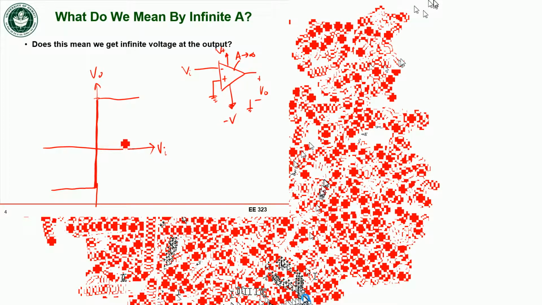So the maximum voltage I can get at the output is the same as that positive voltage, and the minimum, sorry, this is V negative, the minimum voltage I should get is whatever that negative voltage is. It does mean that this transfer characteristic is completely vertical though. As soon as I have any infinitesimally small input voltage, I'm automatically going to go to the maximum output voltage of my amplifier. That's what the infinite open loop gain means.